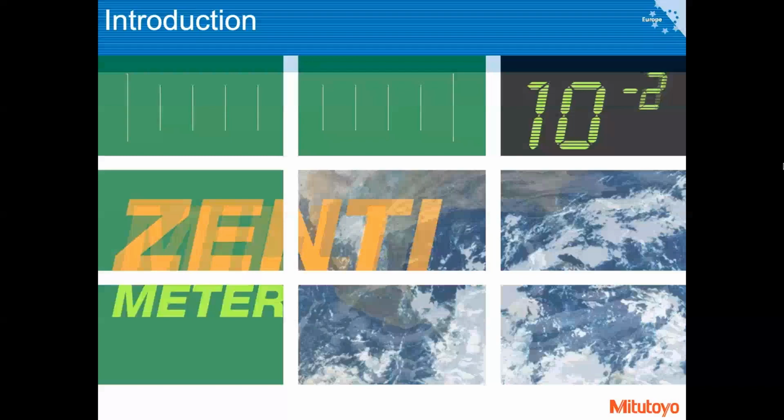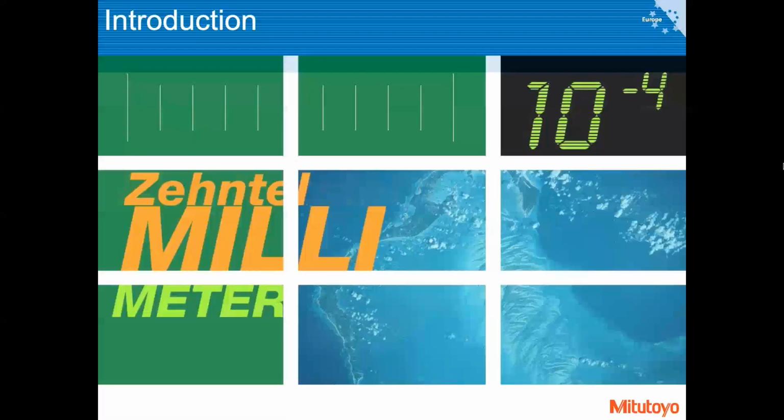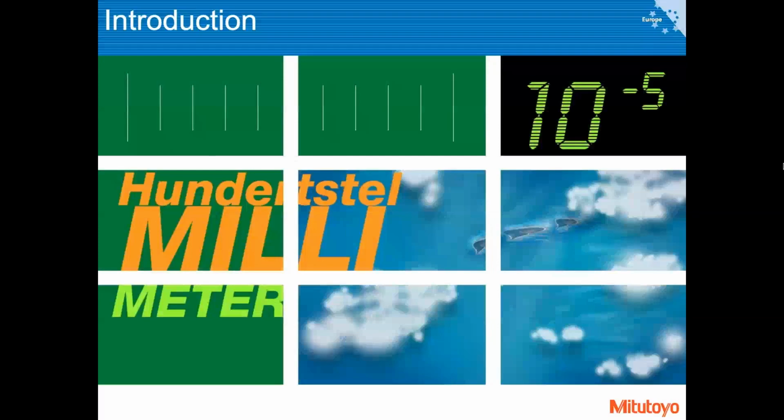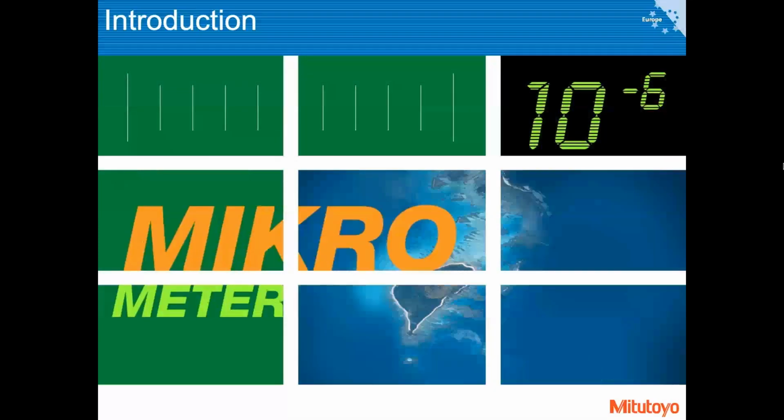Then we have even lower values, so we can zoom in. Oh, there's an island on the planet Earth, so we are zooming it even more. And there is a kind of sub-island.